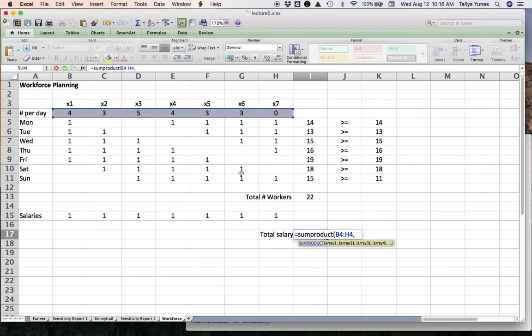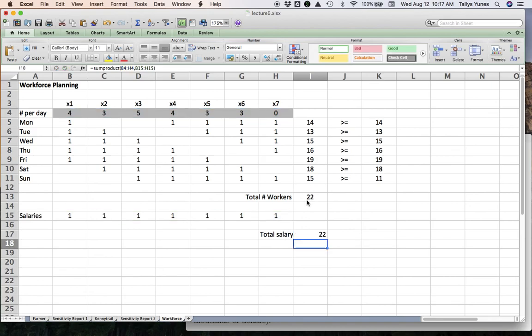Each job type, times the salary that each job gets paid, right? So this expression is 1 times x1 plus 1 times x2 because these are how many $1,000 they make. Well, notice that 1 times x1 plus 1 times x2 is the same thing as x1 plus x2 plus x3, etc., which is the same thing as this number, right?